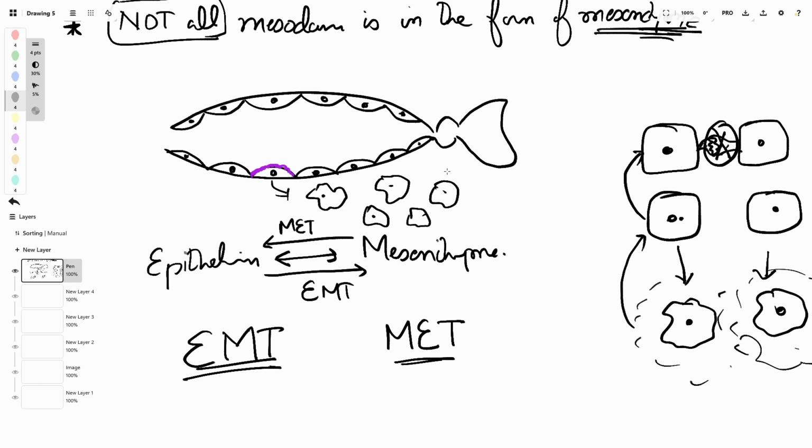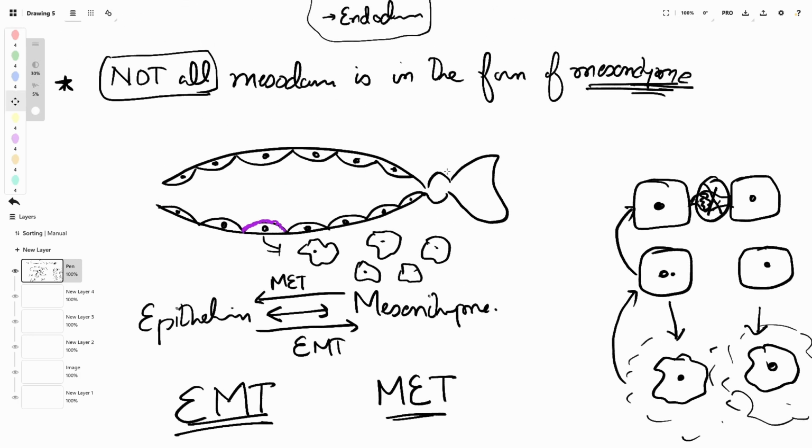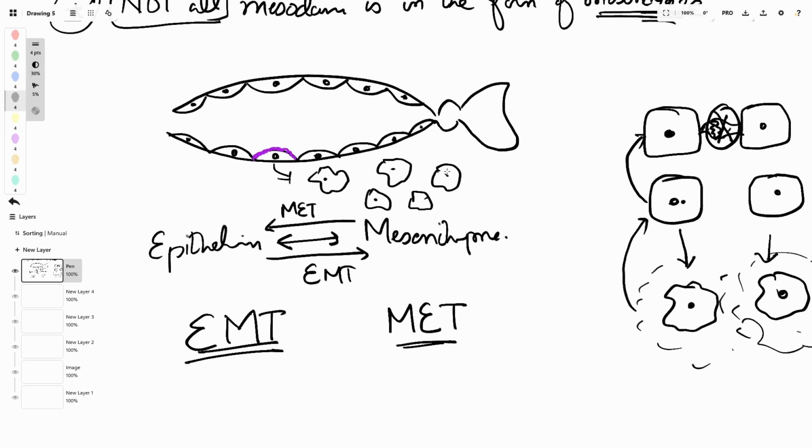There are many contributions. You will learn those in musculoskeletal embryology. But the thing is that lateral plate mesoderm, although itself it is not in the form of mesenchyme, not only can, it actually does contribute towards the formation of mesenchyme. So please understand these things.